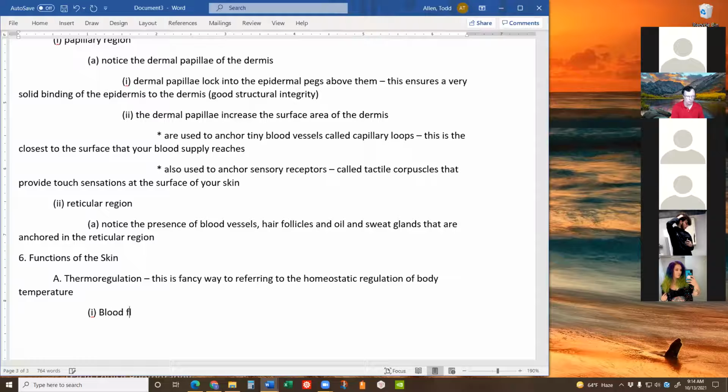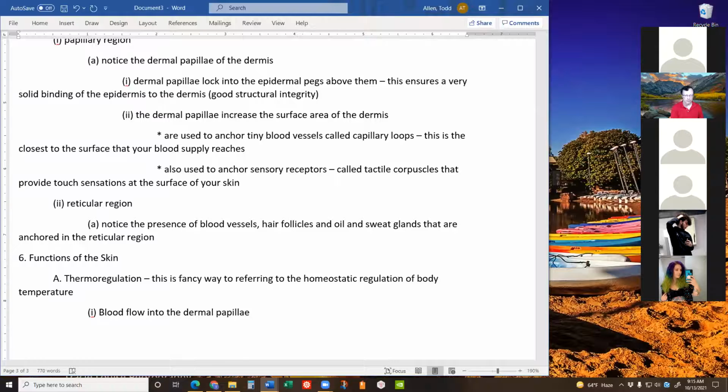Blood flow into the dermal papillae can be regulated to adjust the volume of blood delivered to the skin.